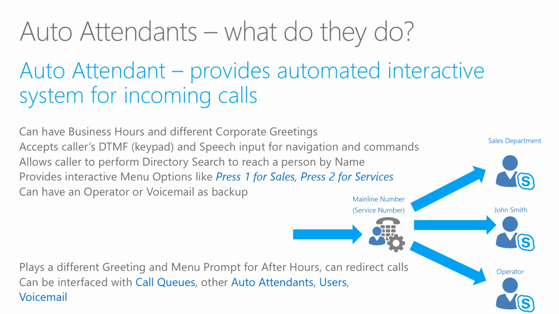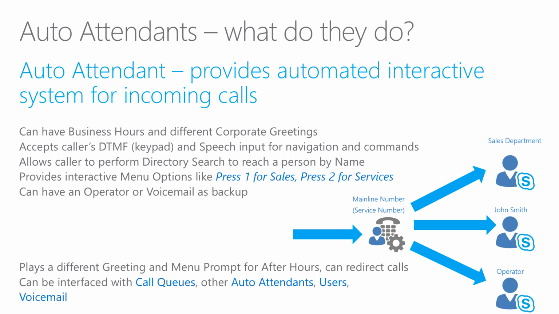So what do they do? An Auto Attendant, as we said, provides an automated interactive system for incoming calls. Let's talk about the picture first. You would have an incoming call to your mainline number, which we define as a service number. This mainline number can ask you simple questions. It can give you an interactive menu like press 1 for sales, press 2 for services.